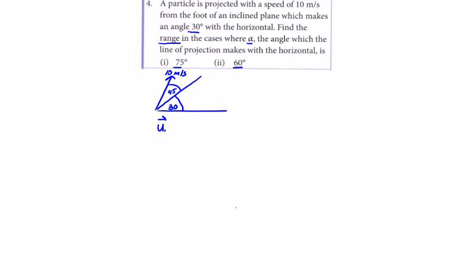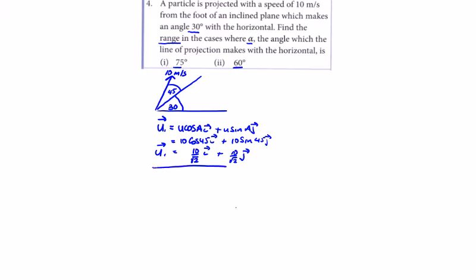So my initial velocity vector, u cos A in the i direction plus u sin A in the j direction, is going to be 10 cos 45 in the i direction plus 10 sin 45 in the j direction. And cos and sin of 45 is 1 over root 2, so 10 over root 2 can be written in a different format, plus 10 over root 2 in the j direction. We'll simplify it down at the end.